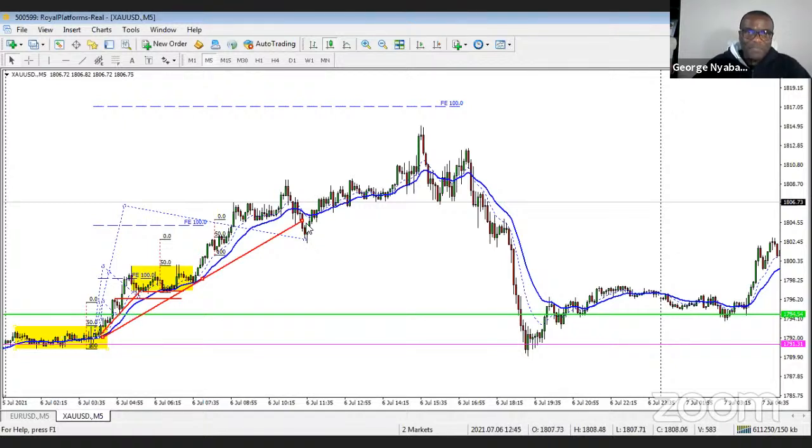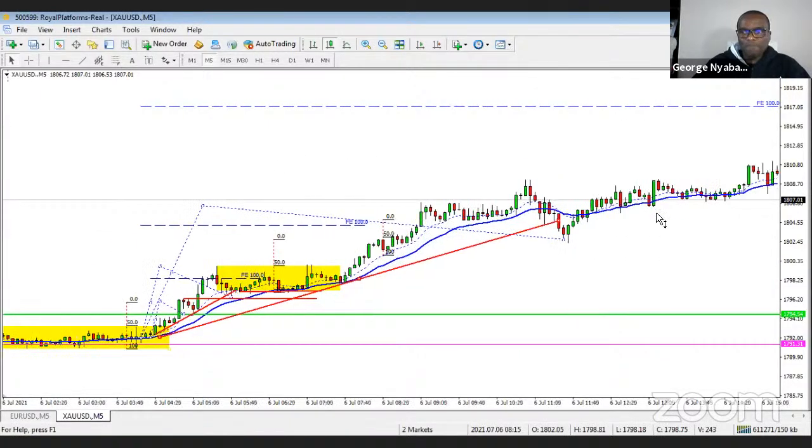If that's my trend line, then all of this is not for me a sign that the bears are in control. All of this is simply profit taking. That trend line has to be tested. Are the bulls strong enough to defend that trend line? Let's do that.